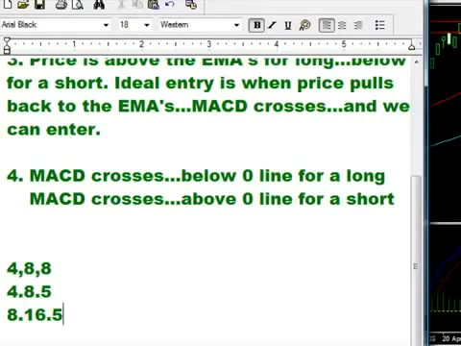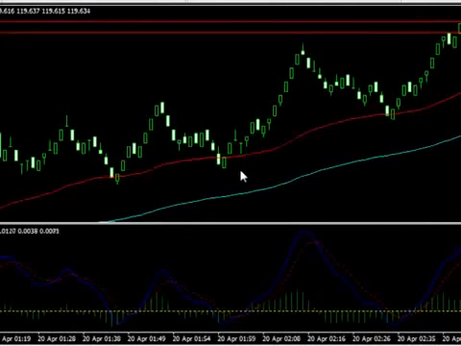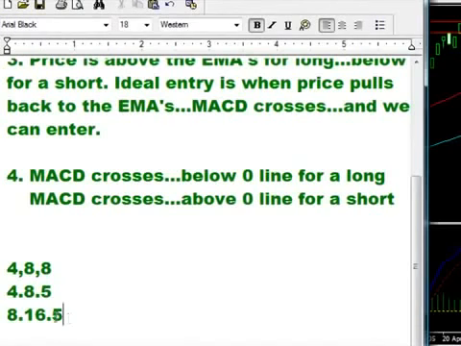So, which one to use? I don't want to just say take your pick, but one will give you a little earlier signal, and what we were talking about is maybe stacking a couple of MACDs and having an 816.5 and a 488, and when they both line up, then enter. But just to give you an idea, those are the settings you can use, and they all work pretty well. So, give those a whirl.